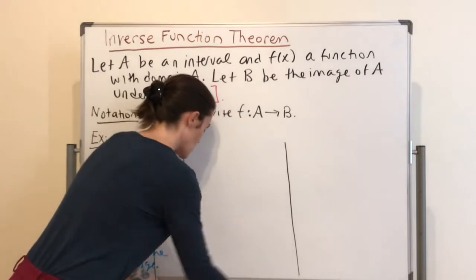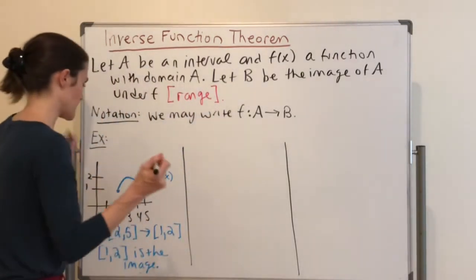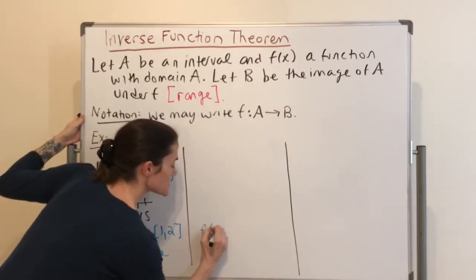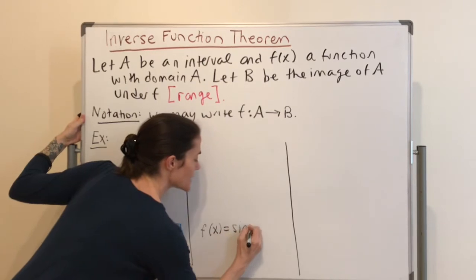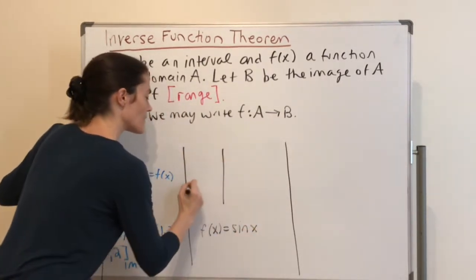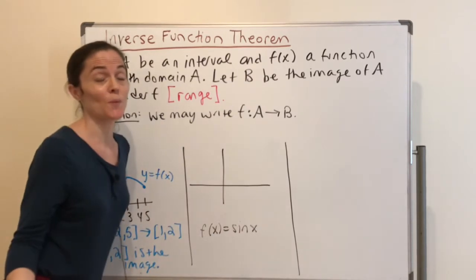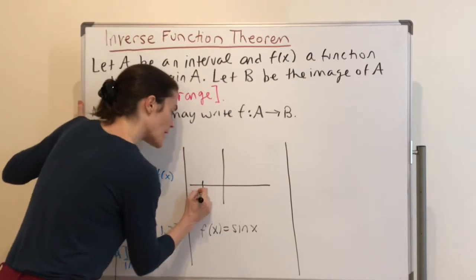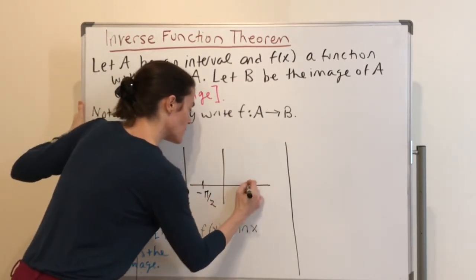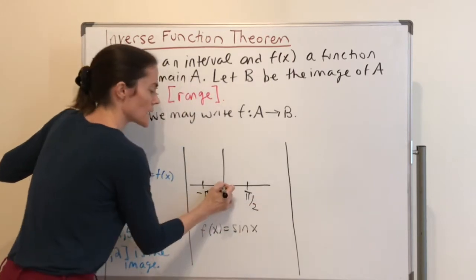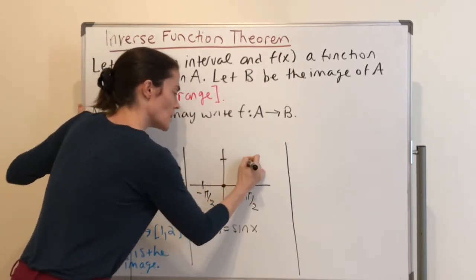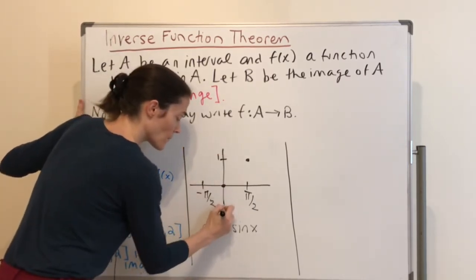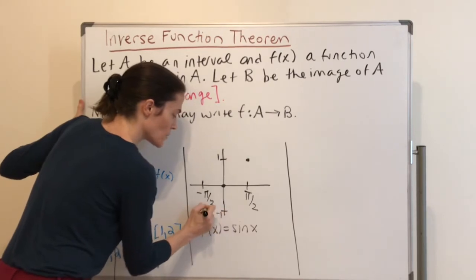Now, the next two are going to be named functions. Let's look at f of x equals the sine of x. I'm not going to graph it on the whole real line, though of course the natural domain of the sine function is minus infinity to infinity. I'm going to graph from minus pi over 2 to pi over 2. Sine goes through 0, 0. Sine of pi over 2 is 1. Sine of minus pi over 2 is minus 1.